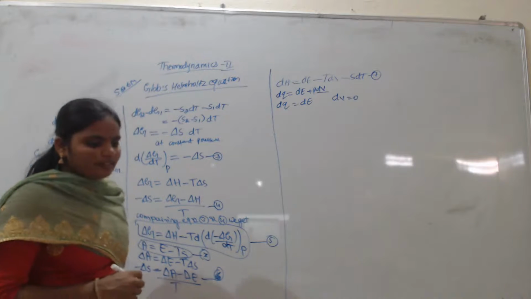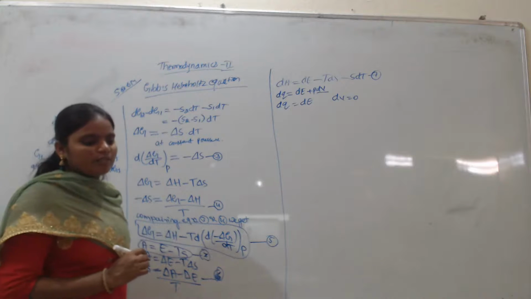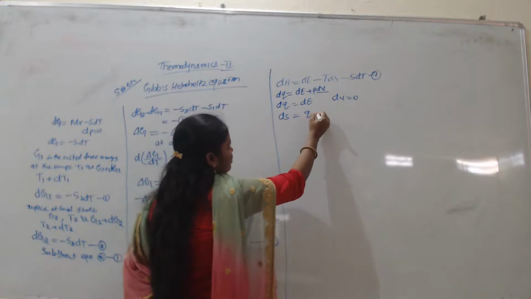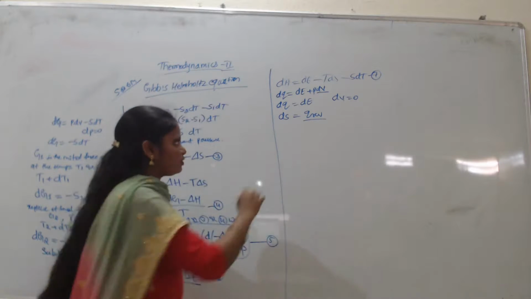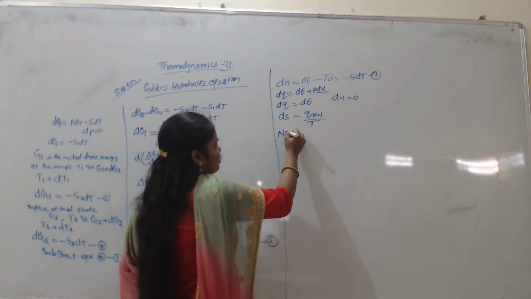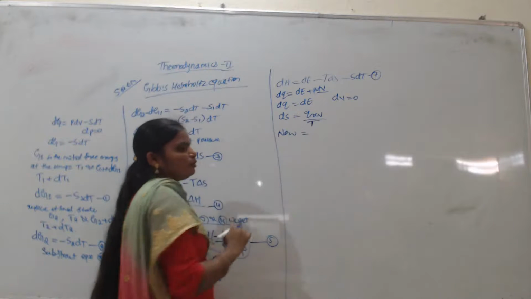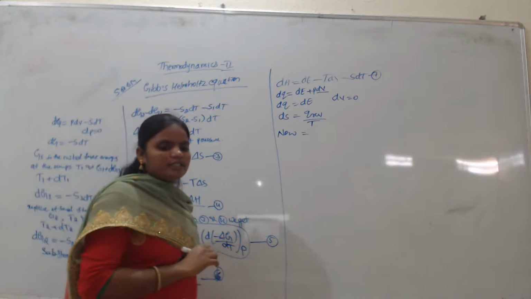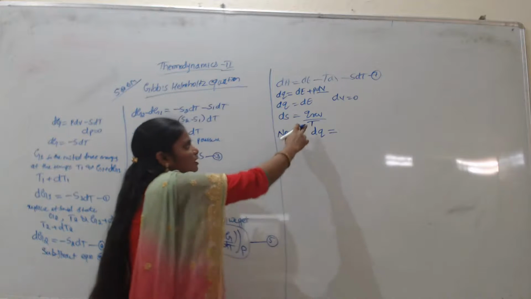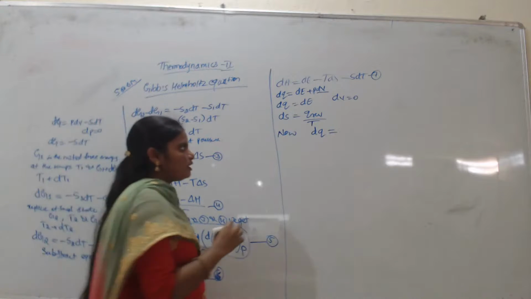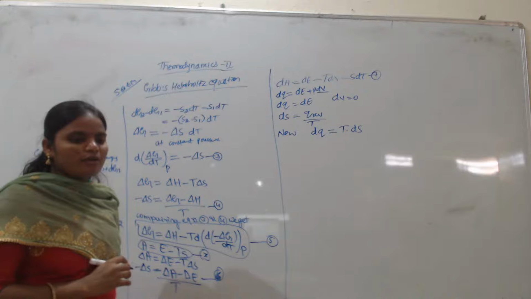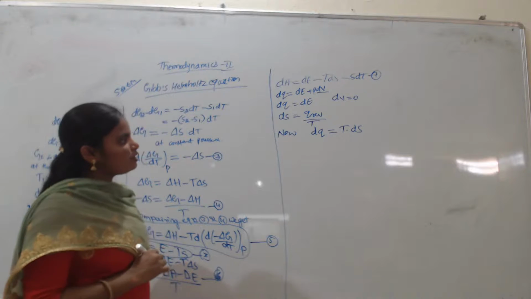For a reversible process, the entropy change dS is equal to Q reversible divided by temperature. Here for Q reversible, dq is equal to T into dS.